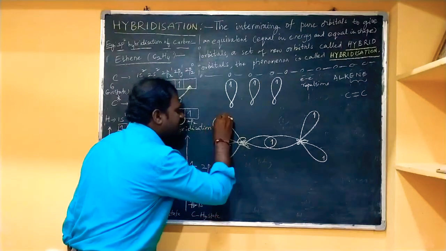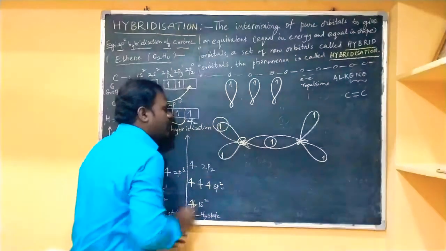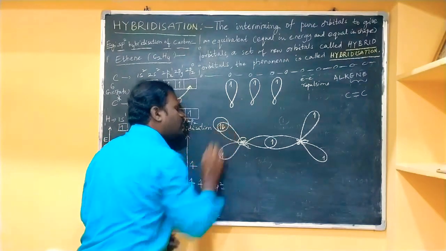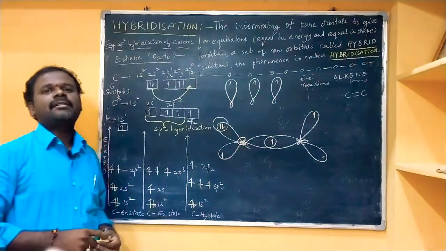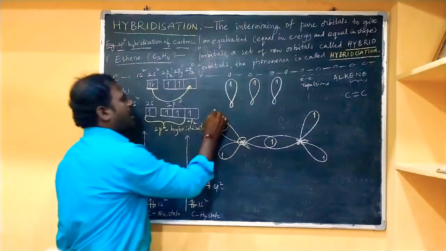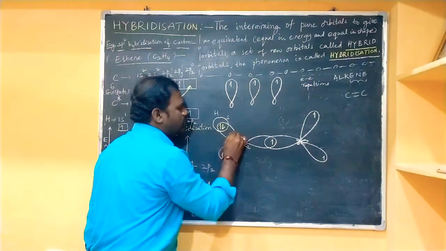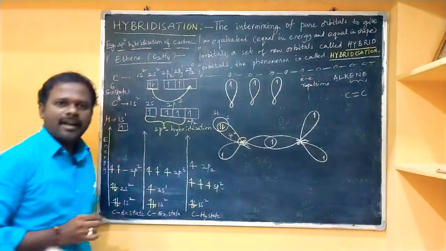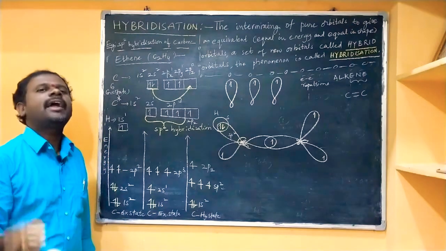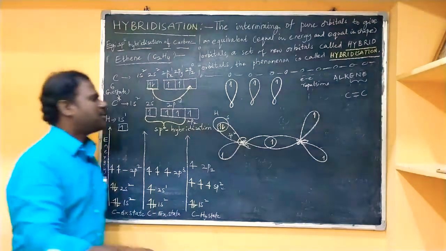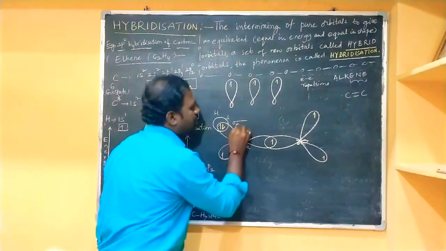It is spherical. For the formation of a sigma bond by head-on overlapping, hydrogen's s orbital and the sp2 hybrid orbital of the carbon overlap head-on for the formation of a sigma bond.